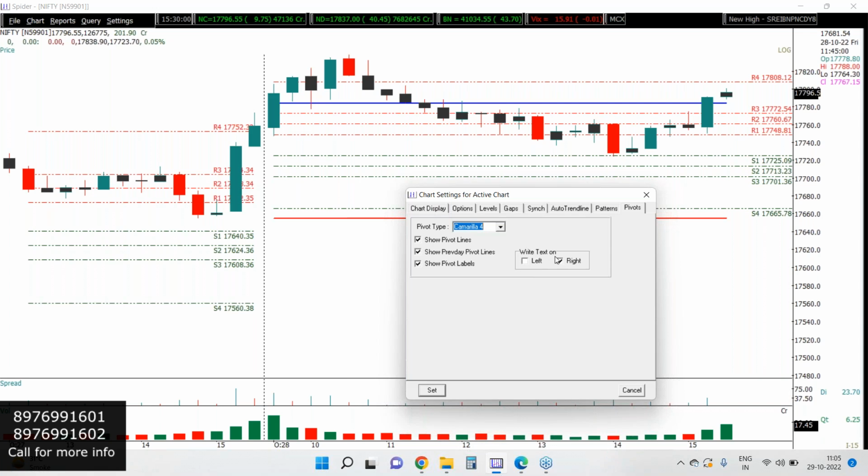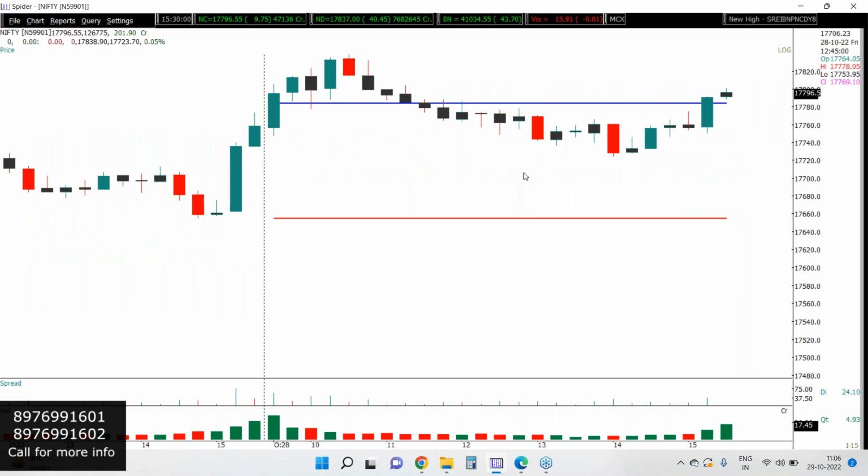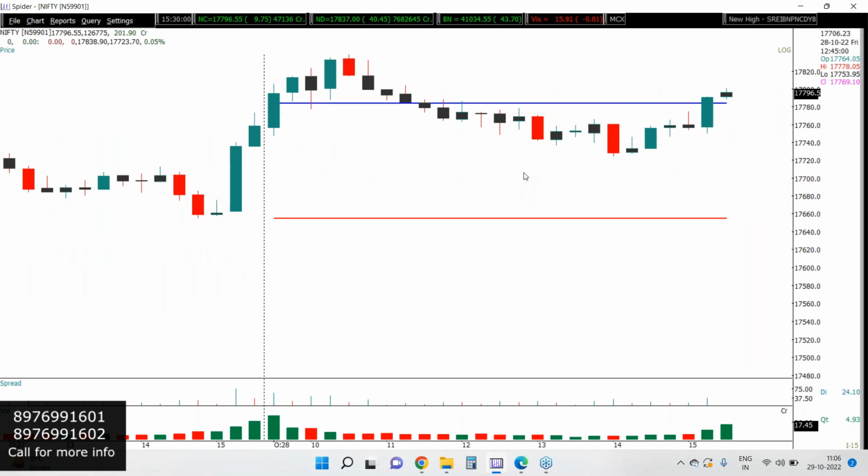Basically I use the right side. So this is the setting that you can use on your chart. To enable this pivot on intraday, you have to press Ctrl G. Once you press Ctrl G, it will be enabled. Again, if you press Ctrl G, it will be disabled.